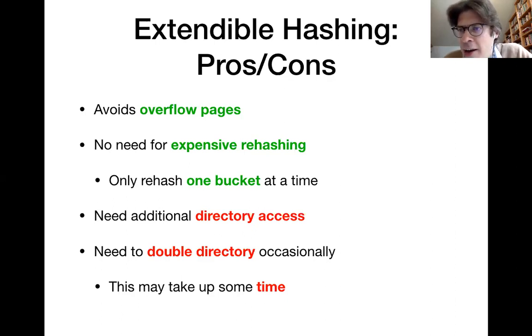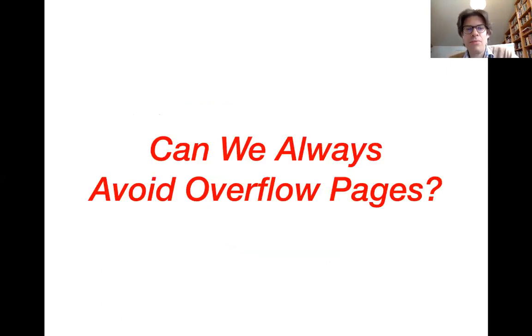Of course, it is much faster than having to recreate the entire index from scratch, which is what static hashing might do. But nevertheless, it is a little bit inconvenient. So the idea of the next hash index method that we will consider is to avoid this occasional overhead of having to double the size of the directory.